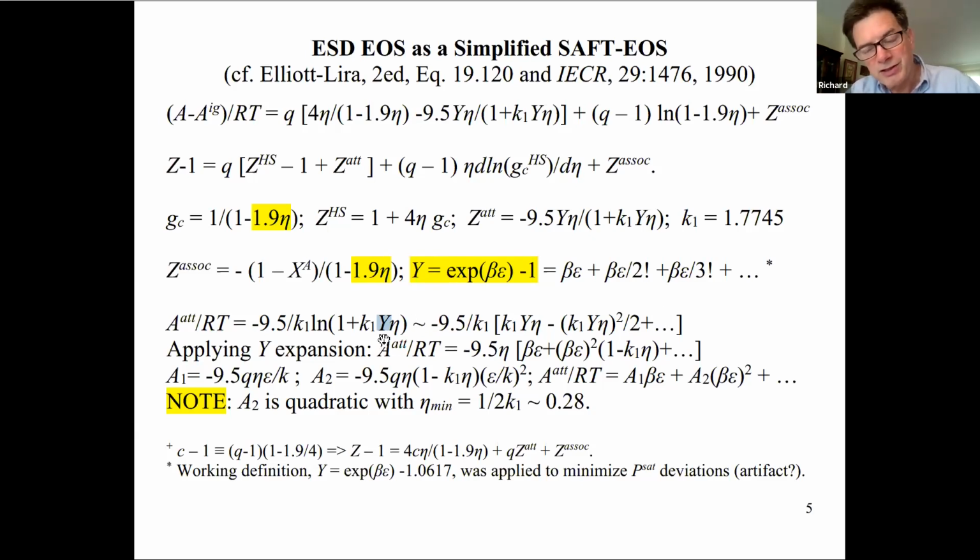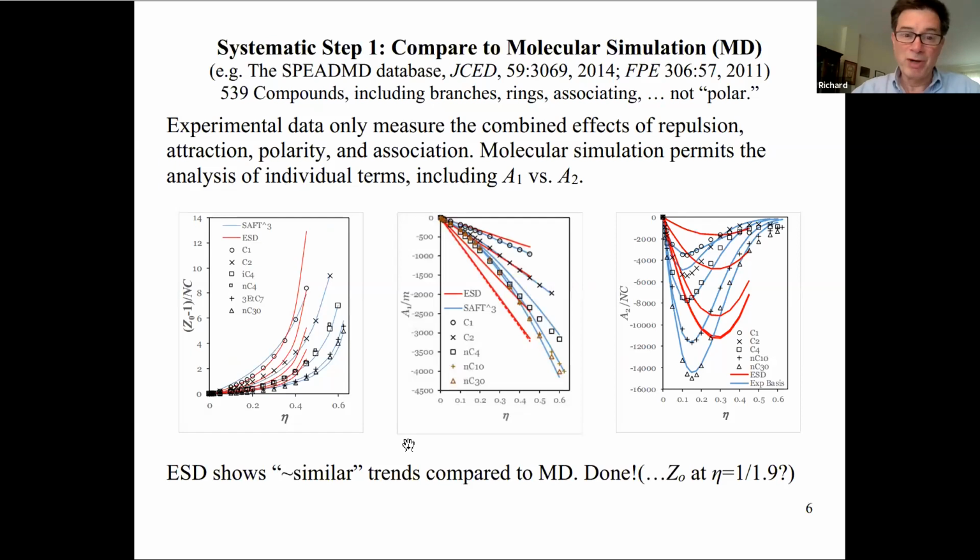That is, in some sense, a renormalization with respect to temperature of this infinite series. And so the ESD equation does include a renormalization with respect to temperature. There are more sophisticated ways of doing that renormalization that will do a much better job in the critical region, as we'll see.